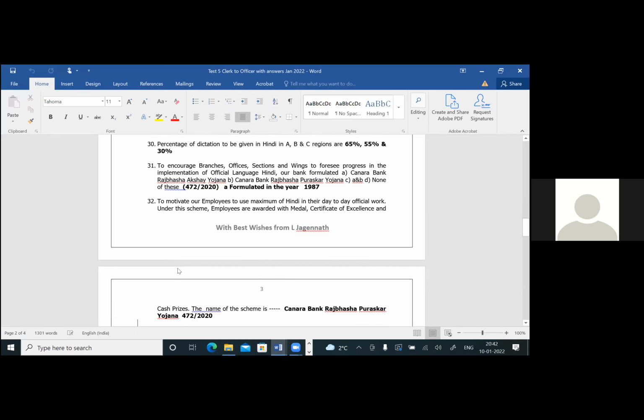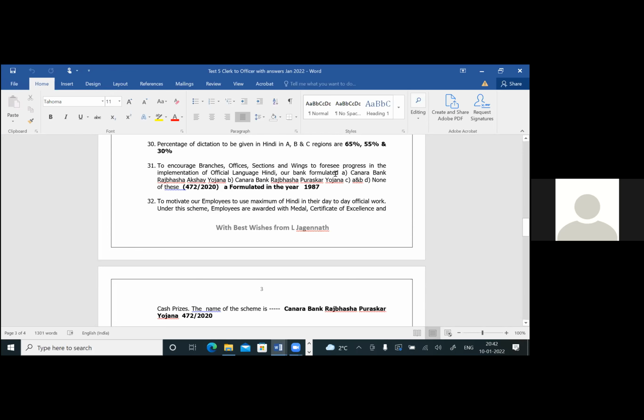Question number 31. This question they asked last time, people have come out and told where it is. It is there in your HO circular. To encourage branches, offices, sections, and wings to foresee progress in the implementation of official language, the bank formulated a scheme.